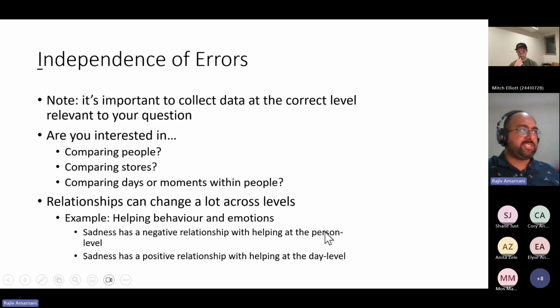So at the person level, people who are sadder than average help less than average. But if we go, okay, some days I'm sad, some days I'm happy, then what we find is the relationship is positive. On days when you are sad, you help people more than on days in which you are happy. When we change the level of analysis, and we're no longer looking at people but at days, the effect changes.